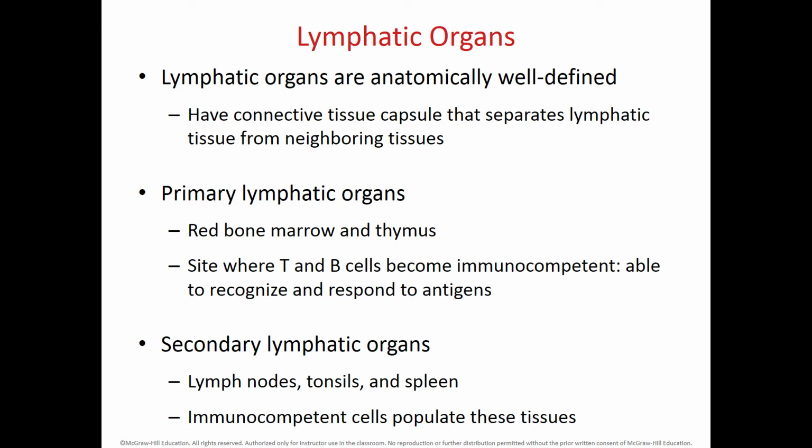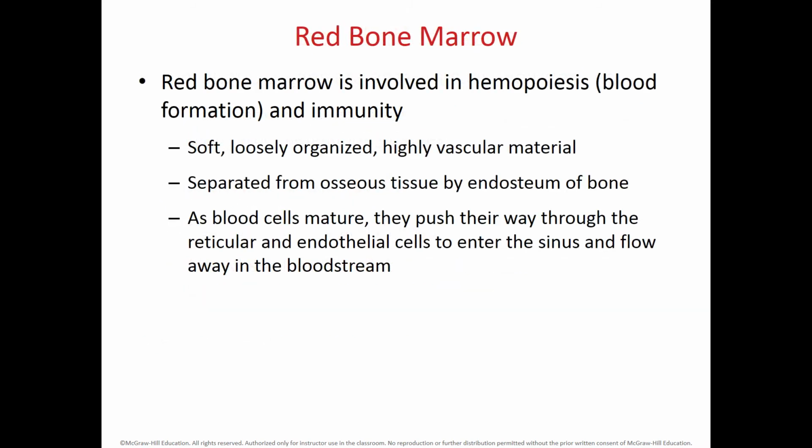So which ones are the primary lymphatic organs? The bone marrow and the thymus. And which ones are the secondary lymphatic organs? The lymph nodes, tonsils, and spleen. Within the bone marrow, we produce both B and T lymphocytes.